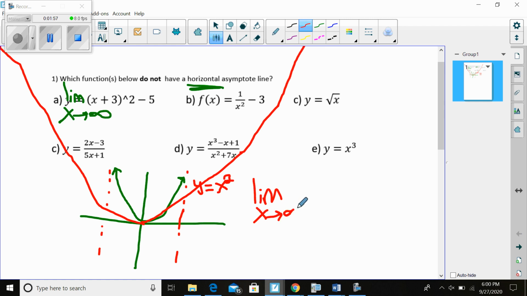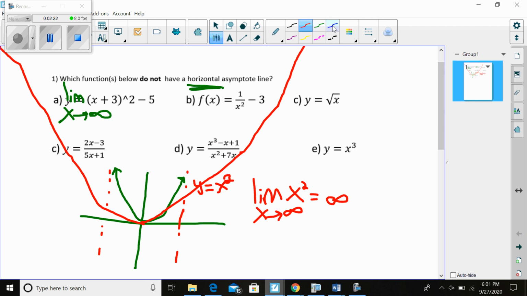This limit would also be infinity. So this tells me that the function y equals x squared can have no horizontal asymptote line either, because when I take this limit, I have to actually get a real number value in order to have a limit as x approaches infinity.